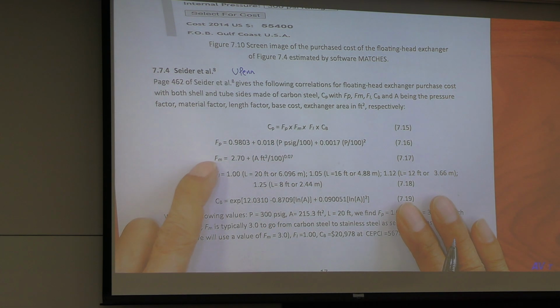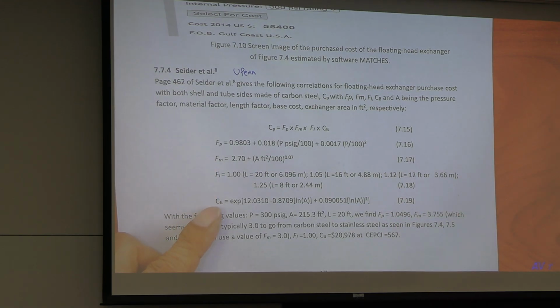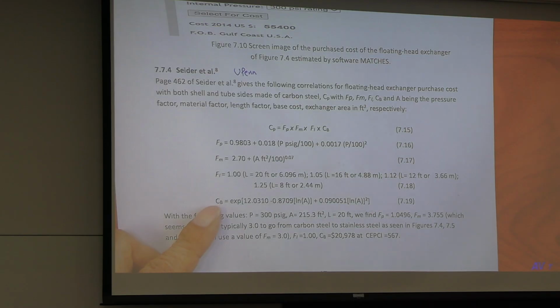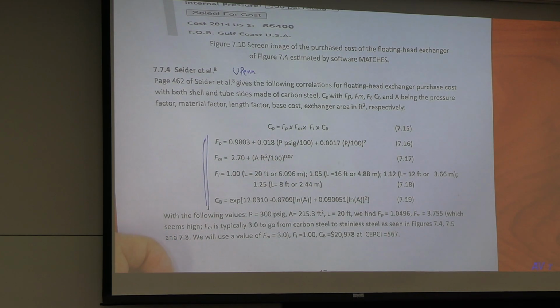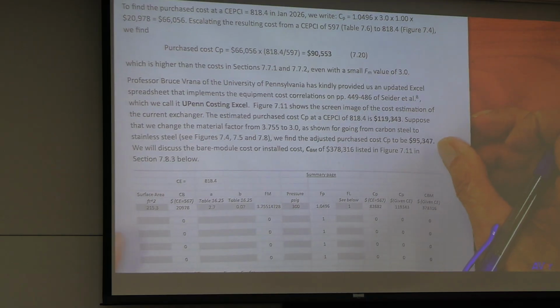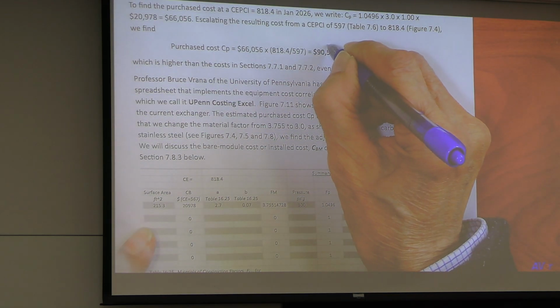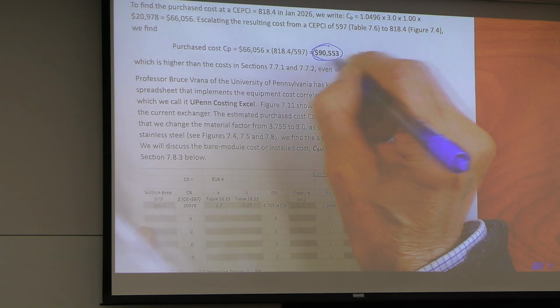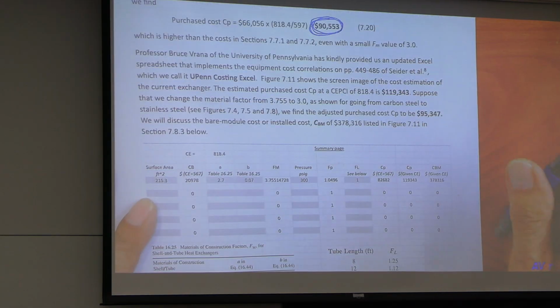Pressure factor, material factor, installation factor, base cost. Okay? You plug in all the numbers. $90,553.